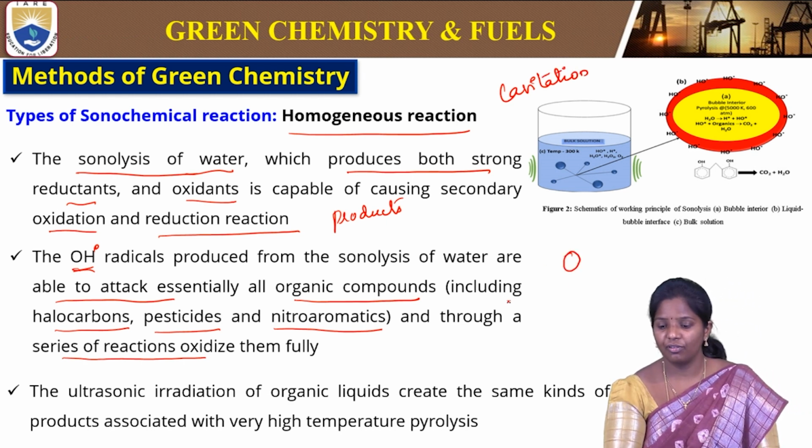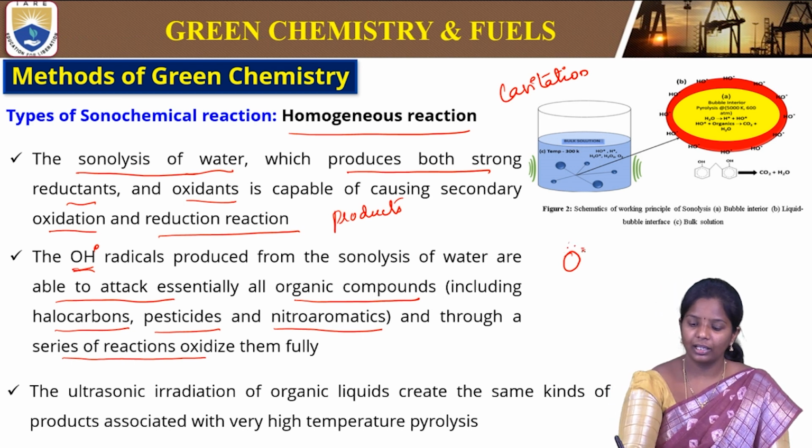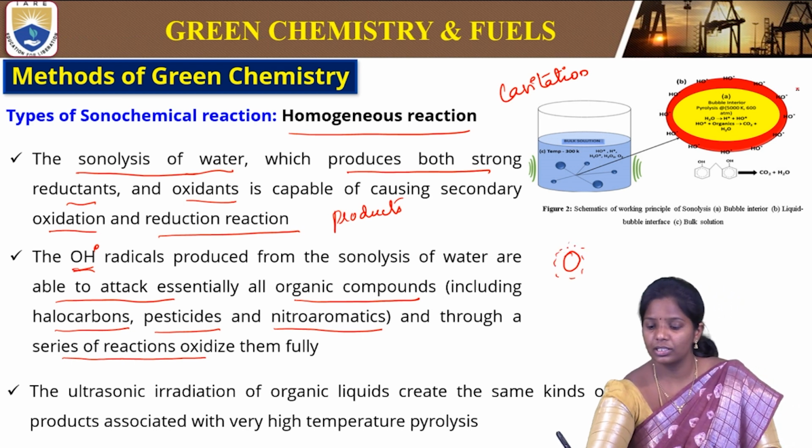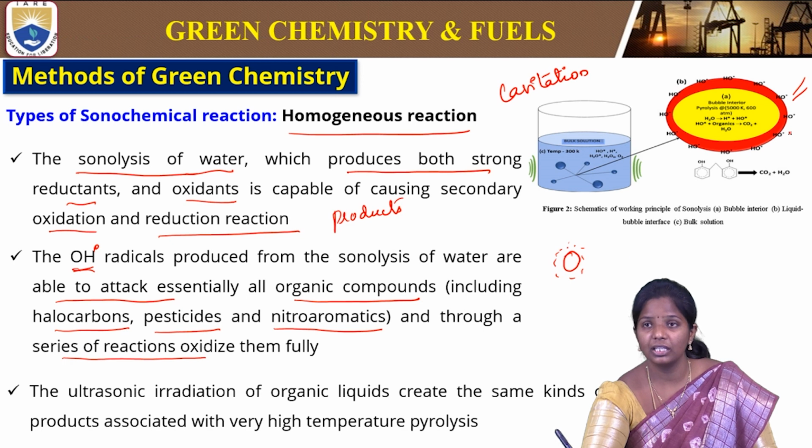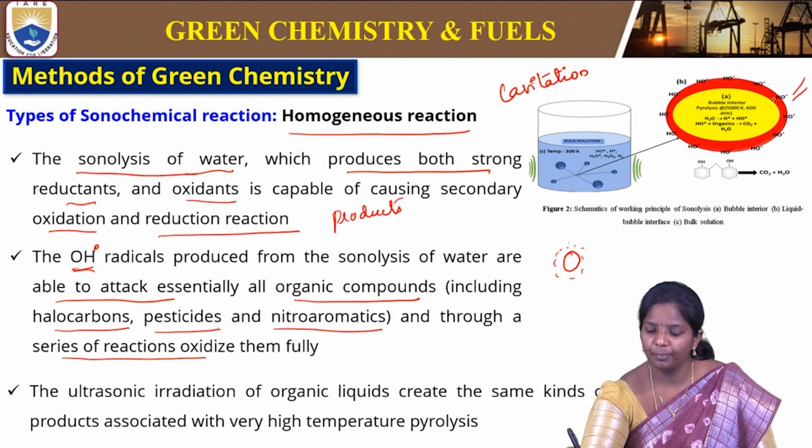Whenever there is a formation of a bubble, it is surrounded by hydroxyl radicals. If you see this schematic, there is a formation of hydroxyl radicals around this bubble. So this bubble has all the hydroxyl radicals, and these will be attacking the organic compounds.